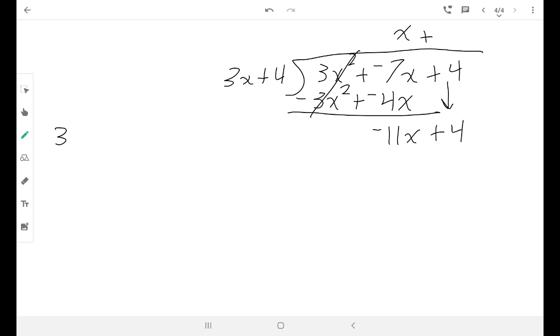But the question is, what is that number? So you could set up a little algebra problem here. 3 times the number has to equal negative 11. And you just divide by 3, and so that number has to be negative 11 over 3. So when I put this up here, it'll be negative 11 over 3.